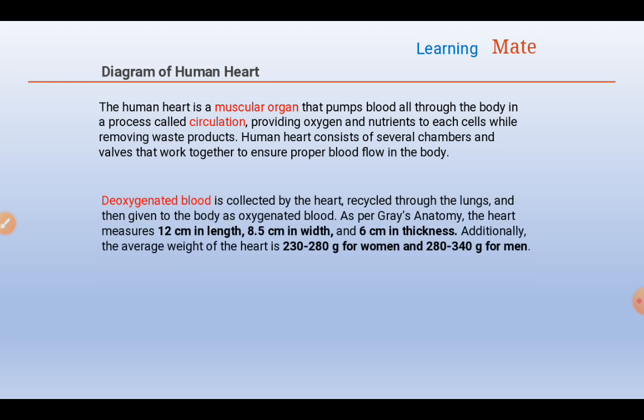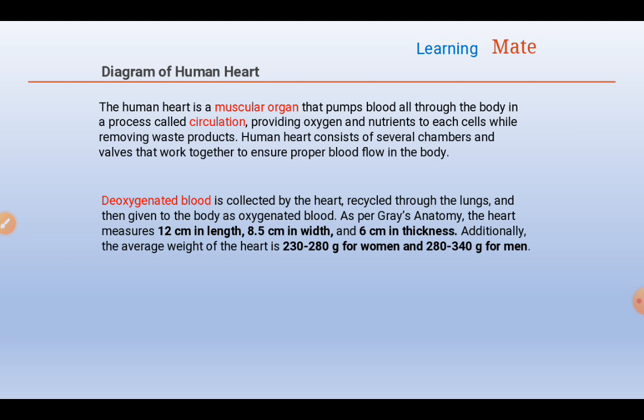The deoxygenated blood is collected by the heart, recycled through the lungs, and then given to the body as oxygenated blood, meaning oxygen-rich blood. As per Gray's Anatomy, the heart measures 12 centimeters in length, 8.5 centimeters in width, and 6 centimeters in thickness.